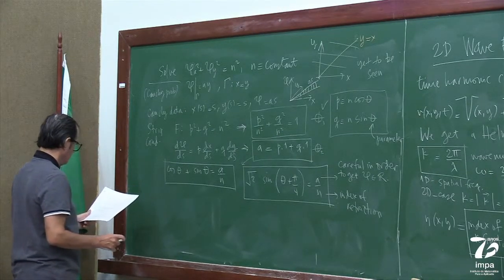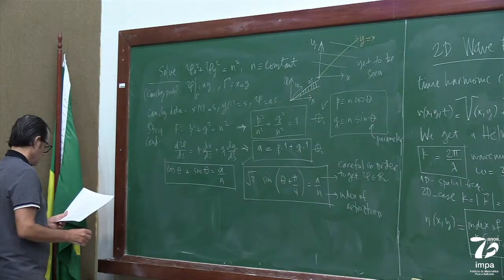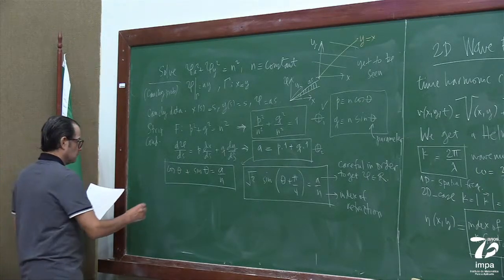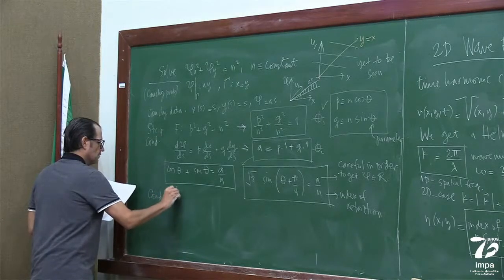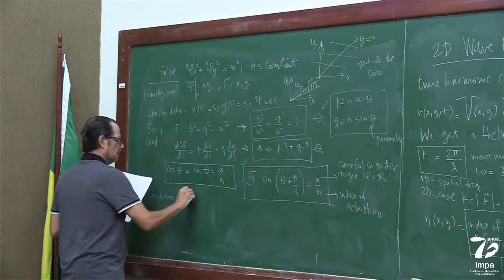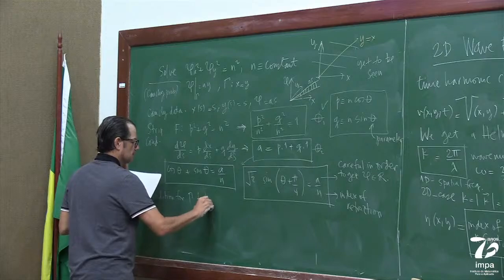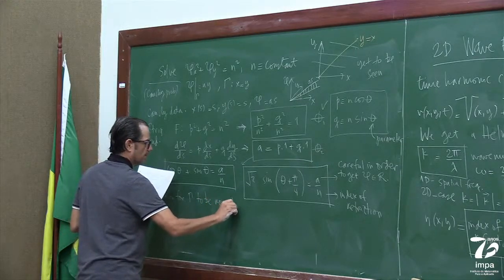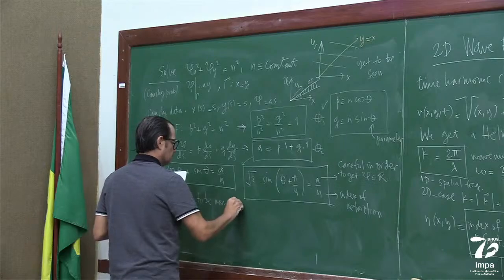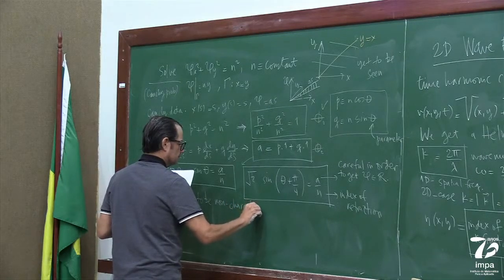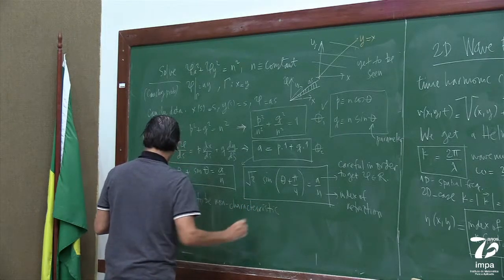And another point here is, let's check the condition for gamma to be non-characteristic.